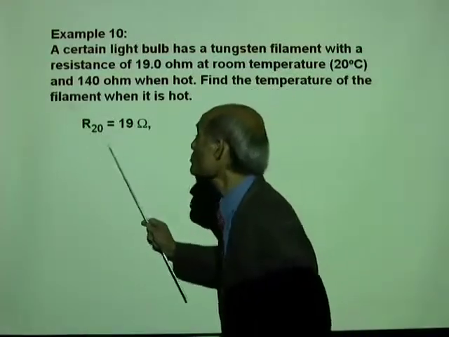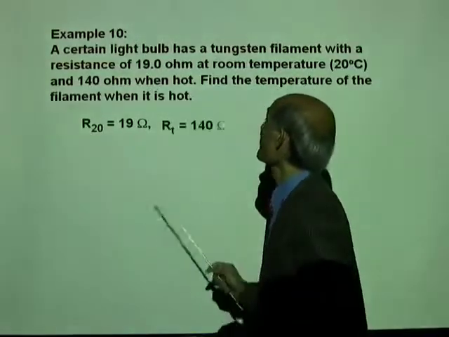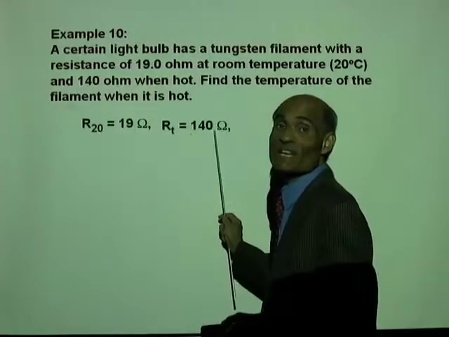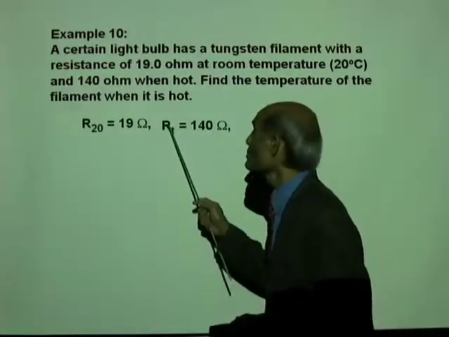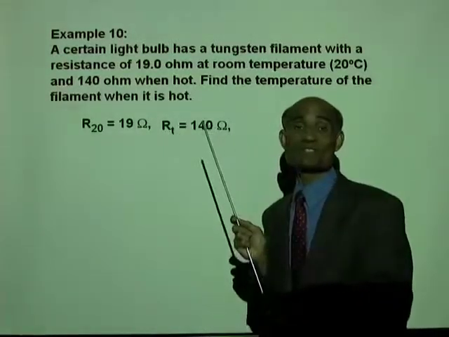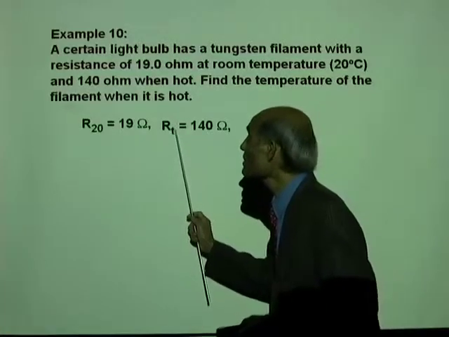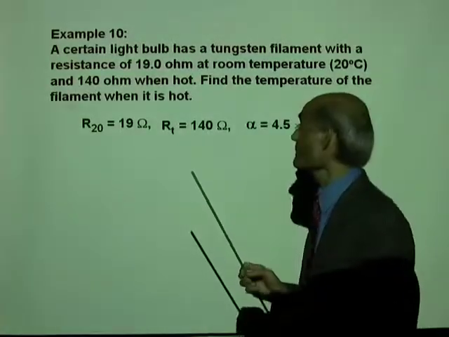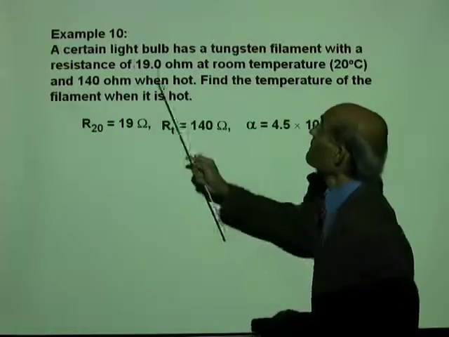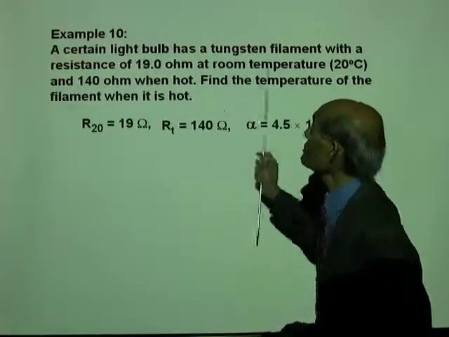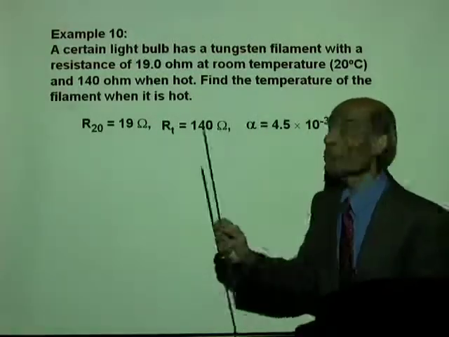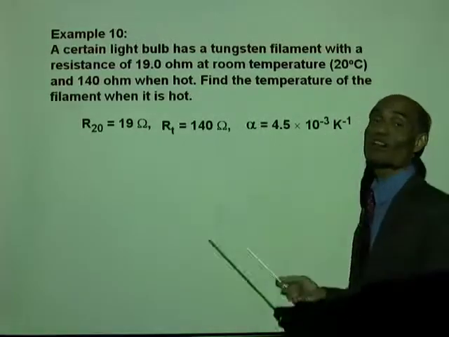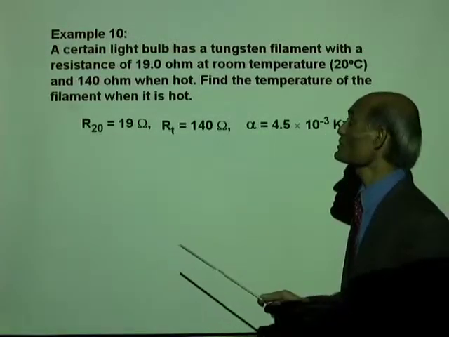And you know R20 is given to us, RT is given to us, the resistance at T degrees Celsius is given to us. We need to find that temperature T. Alpha, this is tungsten, so we can go back to our table and obtain the value of alpha for tungsten.